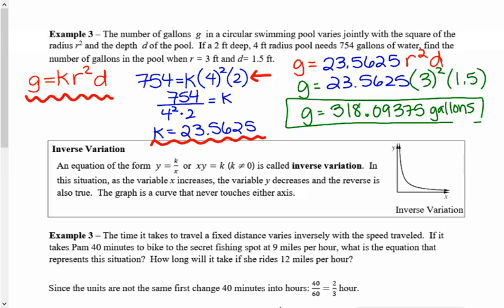Then I rewrite my original equation from over here, except this time I'm going to plug in for k. When I plug in my k, then I also know that in my new pool, the radius is 3 feet and the depth is 1.5 feet, so I can plug in those two numbers as well, put this all into my calculator, and I get 318.09375 gallons.